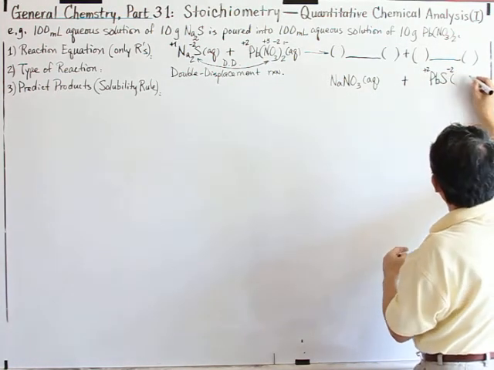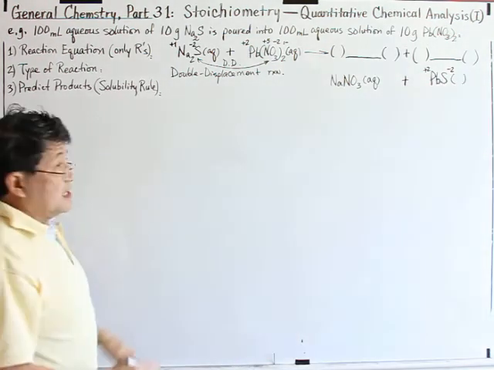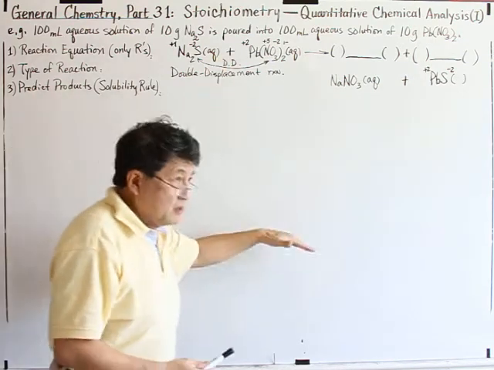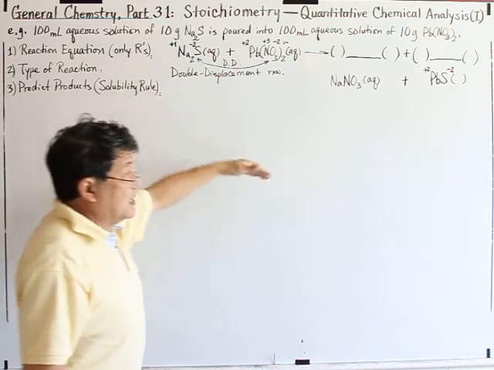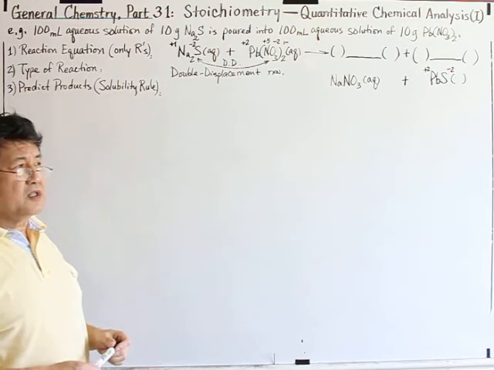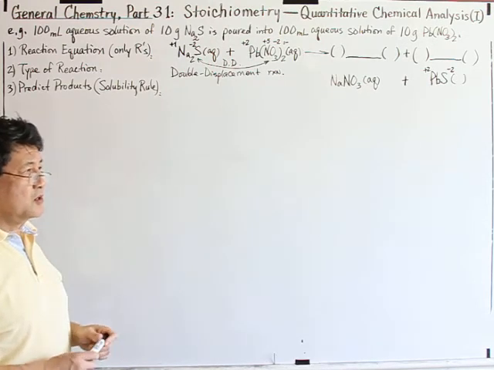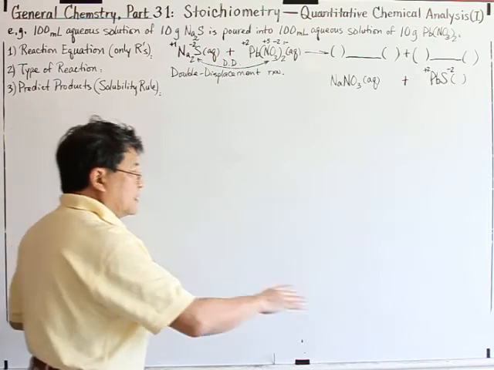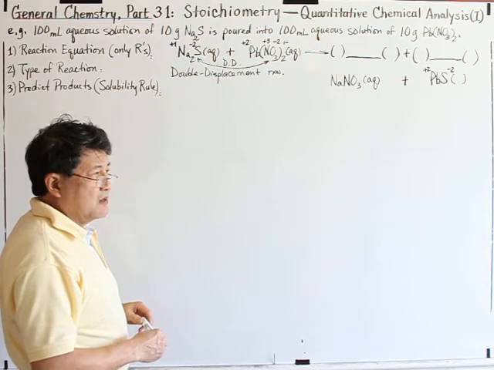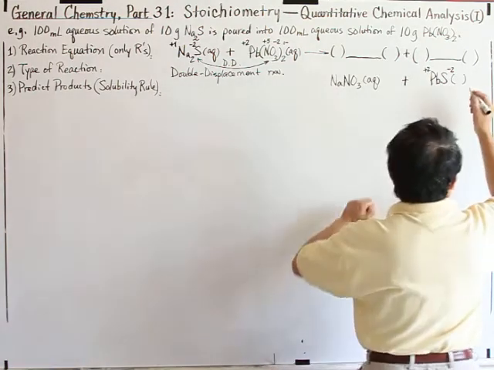But what is the physical state? Now check the solubility rule. Sulfide is soluble, remember A and B, right? Sulfide was the last one, or in the middle, but it does not dissolve when it forms with lead, mercury, and other cations.